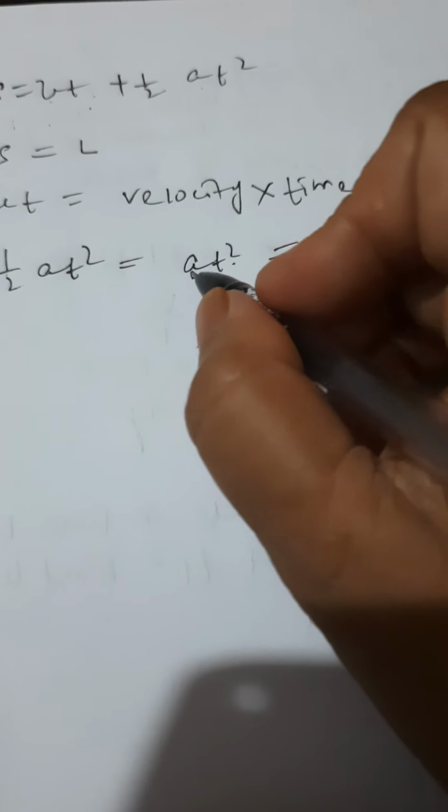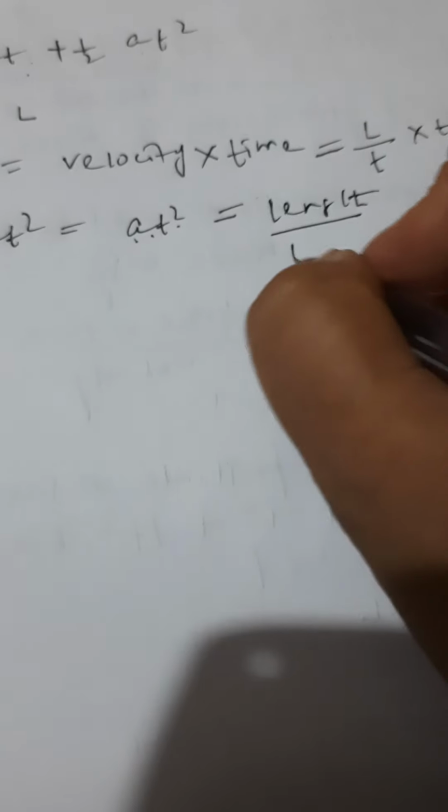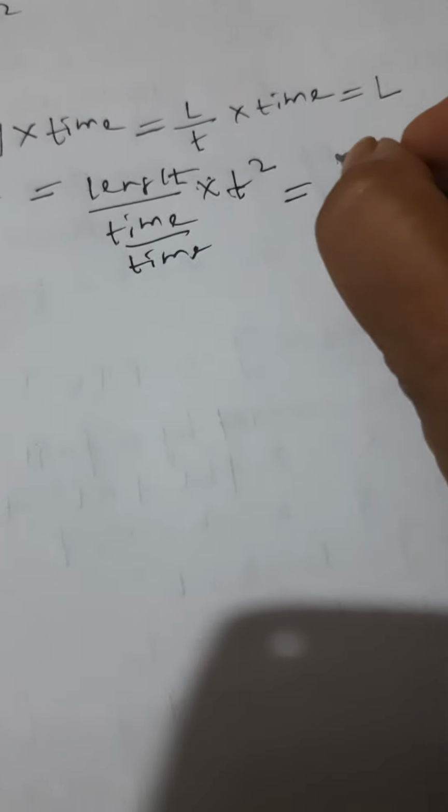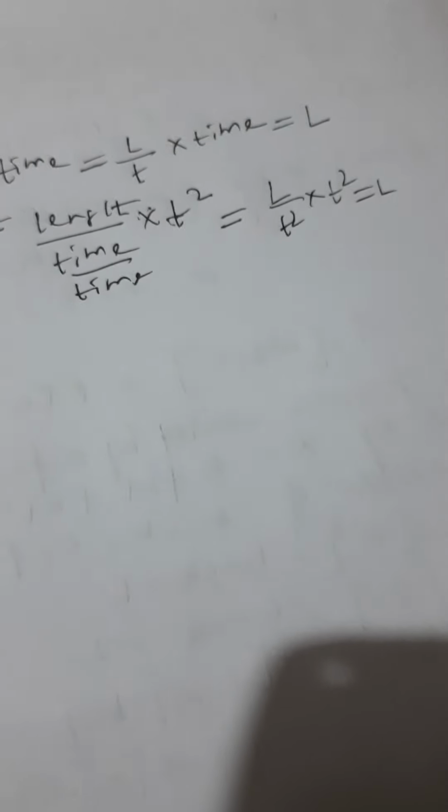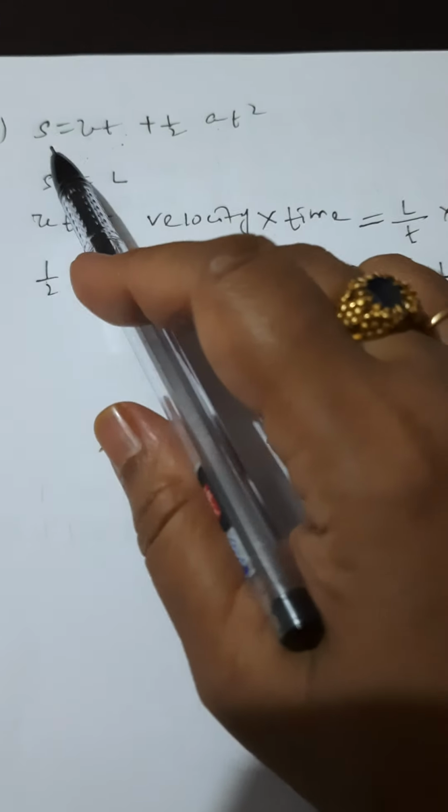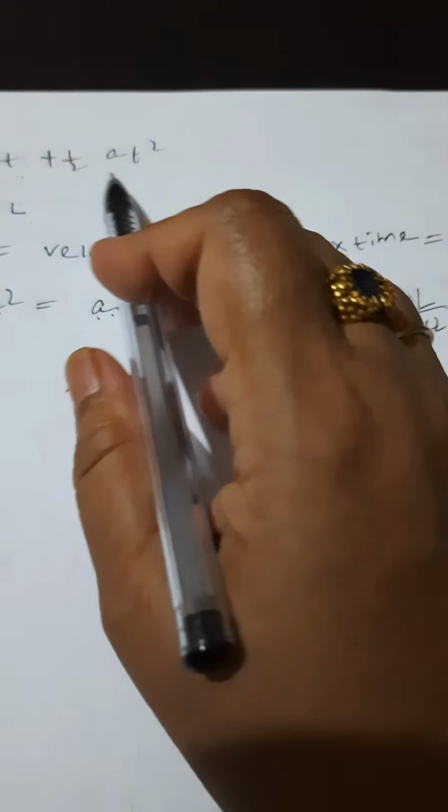Acceleration is velocity by time, length by time by time, so length by time square into t square, which is again L. So for s on the LHS we got L, for ut also L, for at square L. So this equation is also correct, as far as the dimensions are concerned.